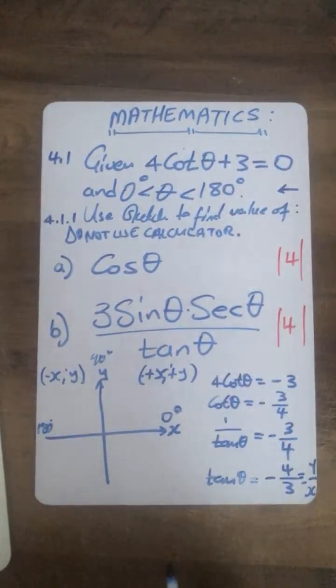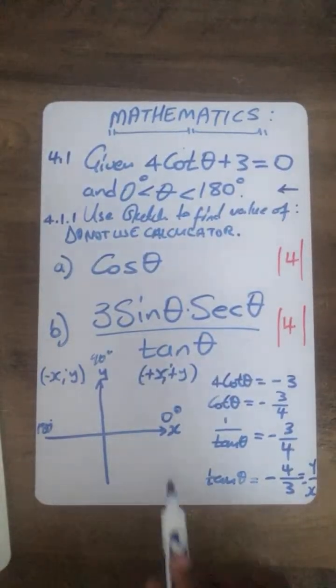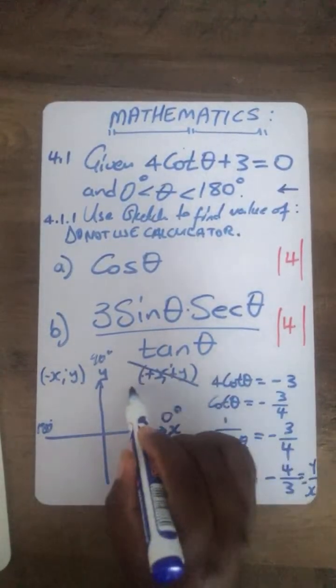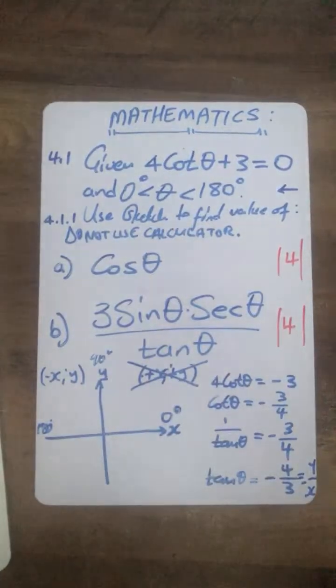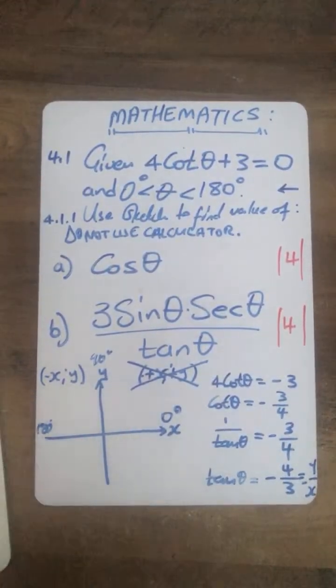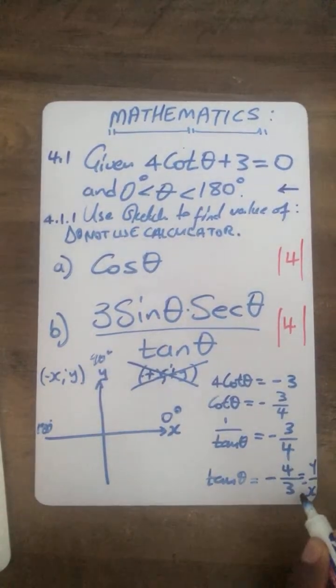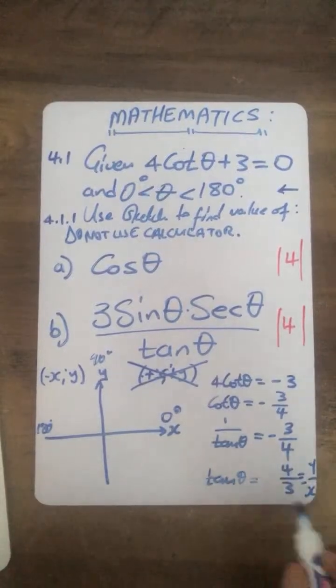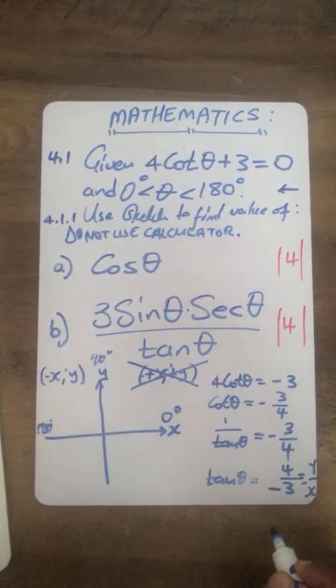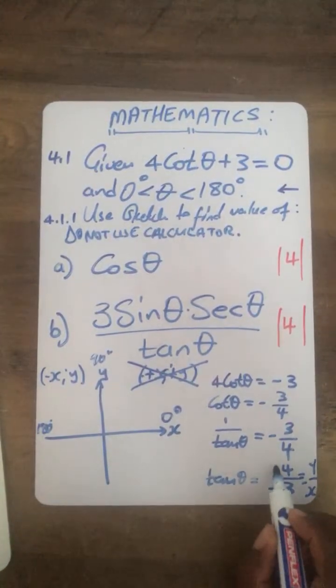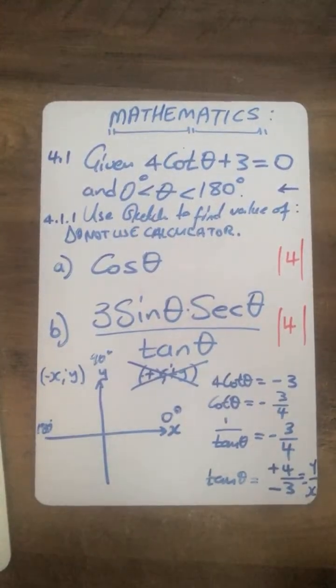So that means already it can't fall into the first quadrant, because that's where the x and the y are positive. So it has to fall in this quadrant where x is negative. So that means this is a negative 3. That 4 is the one which is positive.